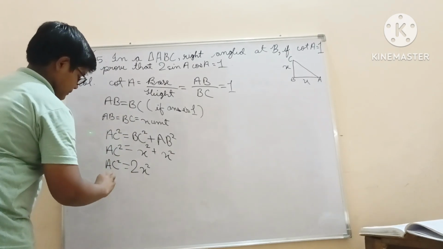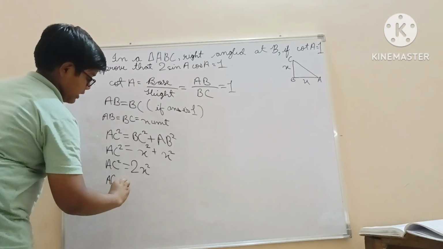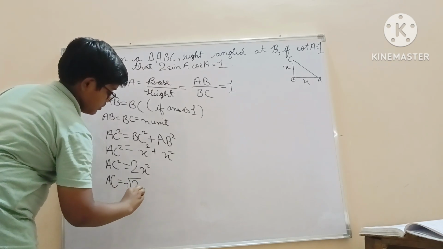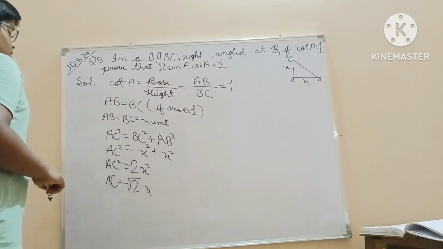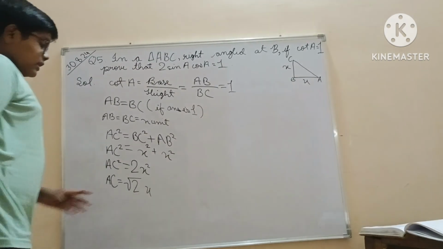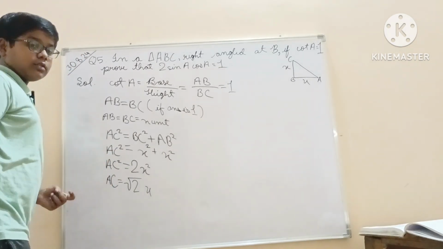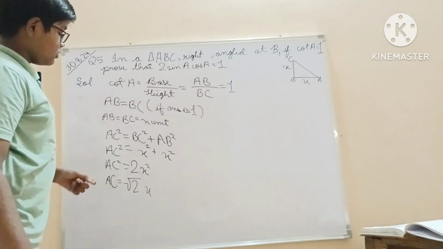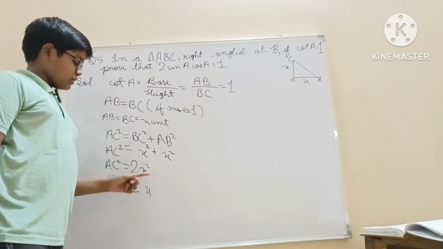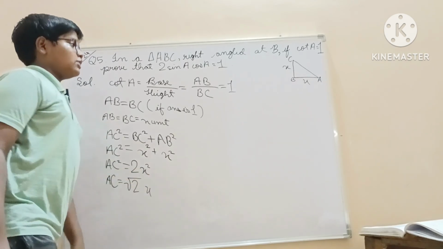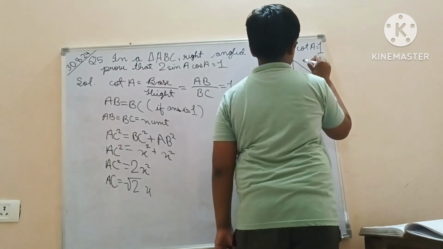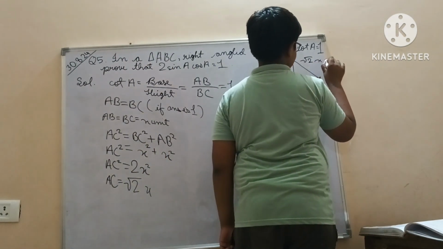Now we will take the root, which will become AC, equal to under root 2x square. The 2 doesn't have any root value, so we will write this as root 2, and x square has a root value which is x. Now we have found our value, which is AC is root 2 x.